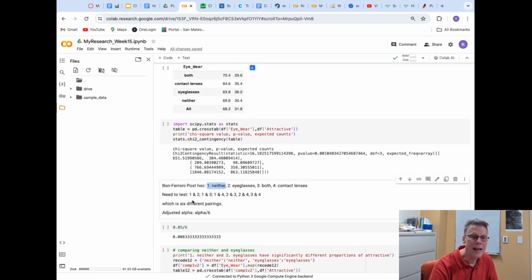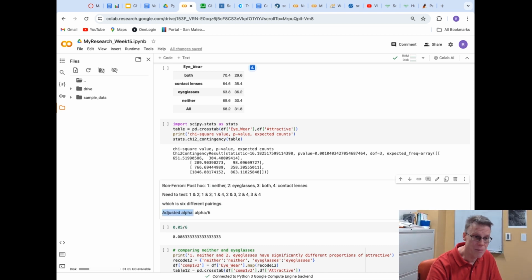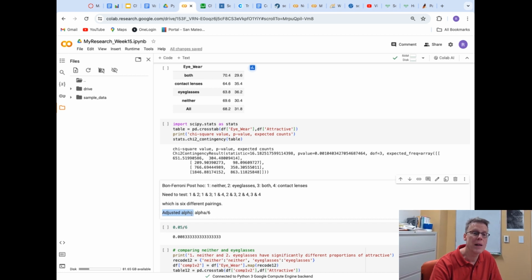And then I said, okay, since there's 6 different pairings, my adjusted alpha, so I'm not going to compare my p-values anymore for this Bonferroni post hoc test. I'm not going to compare it to 0.05. I'm going to compare it to 0.05 divided by 6.